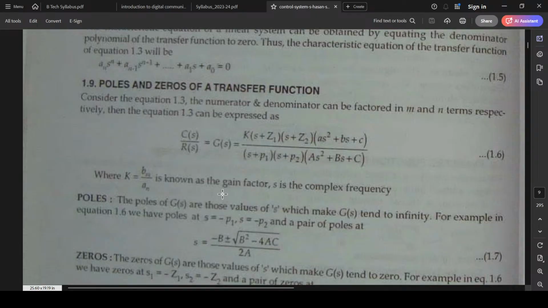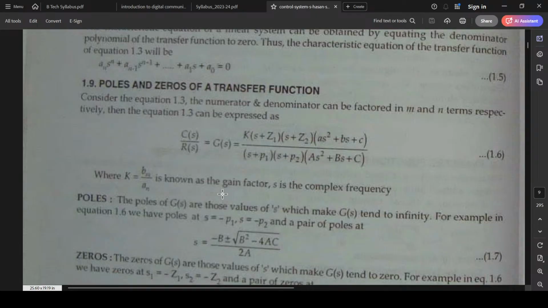So first, let me write C(s) upon R(s) is equal to G(s). Yes, it is. And the K is there. Then (s plus z1)(s plus z2), and there is a coefficient a square bs plus c.